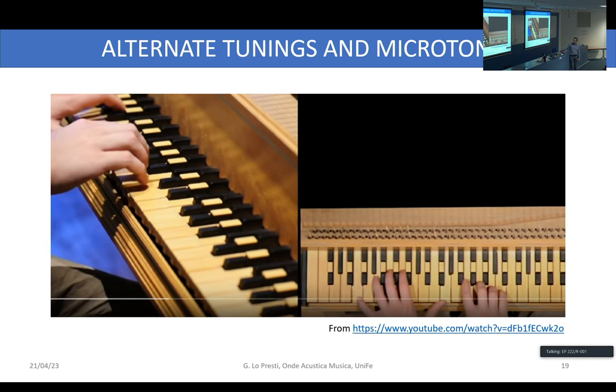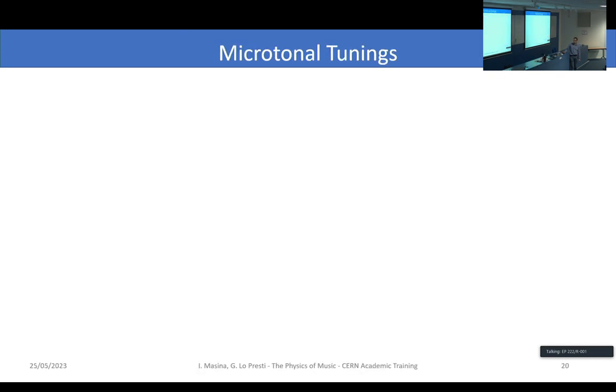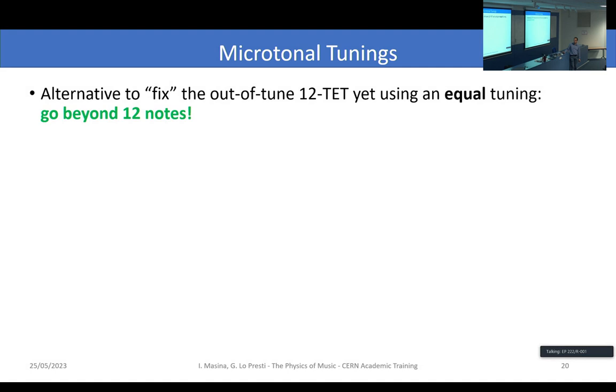And there again, history has taught us already many things. I mean, today, of course, with electronics, we can do whatever we want. But what we would call microtonal tunings was actually already experimented long ago. And yes, the story was always the same, trying to fix the out of tune equal temperament on 12 notes, trying to do something else.